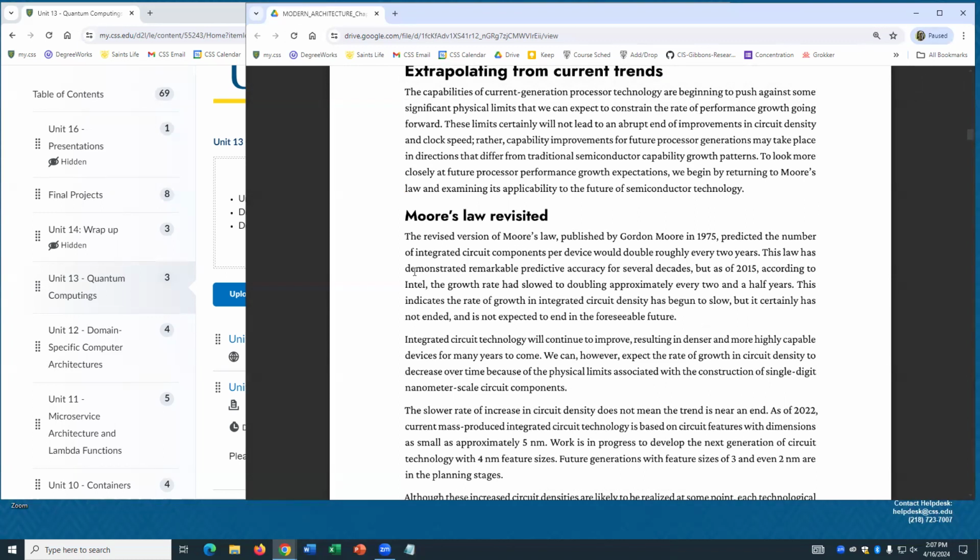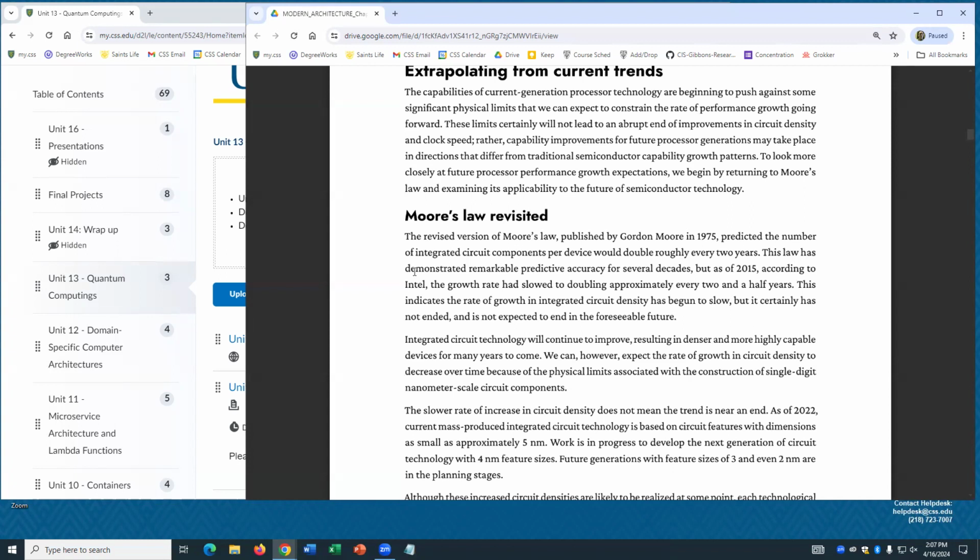It was a prediction by a researcher at IBM called Gordon Moore about the rate that the number of transistors we were putting on a chip was growing for about 10 years.